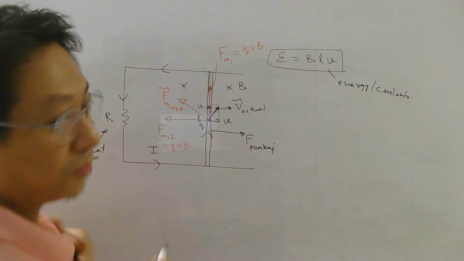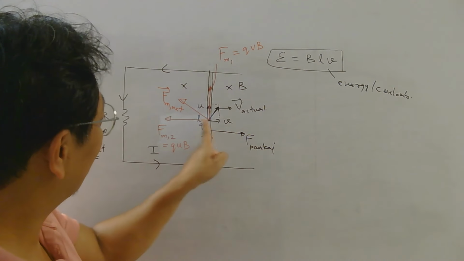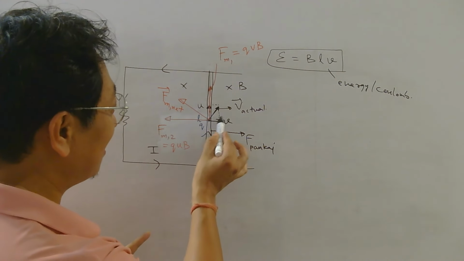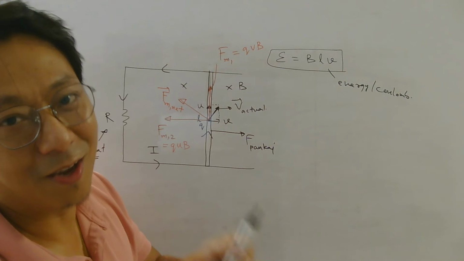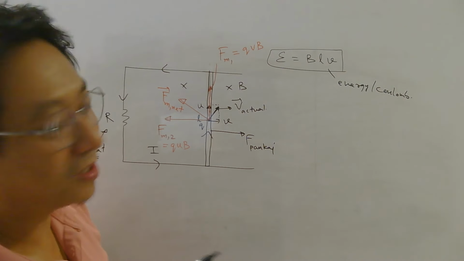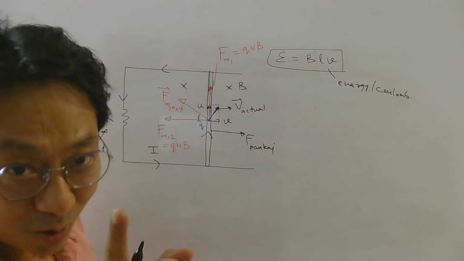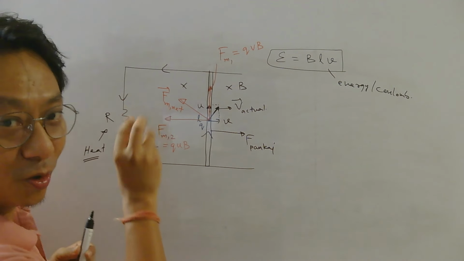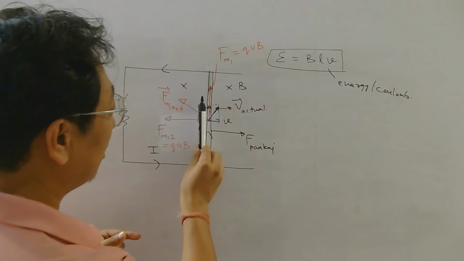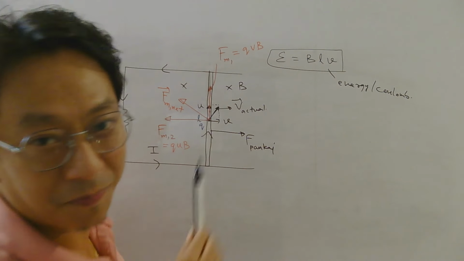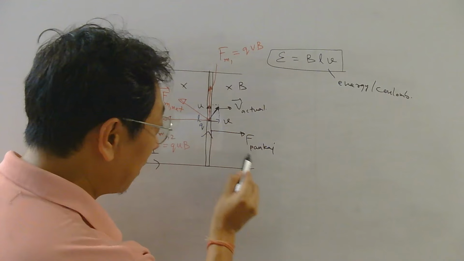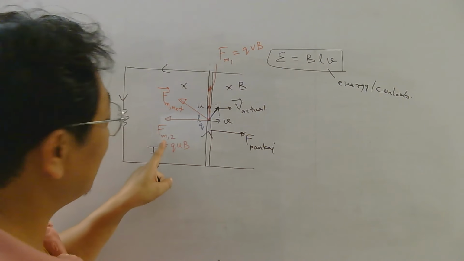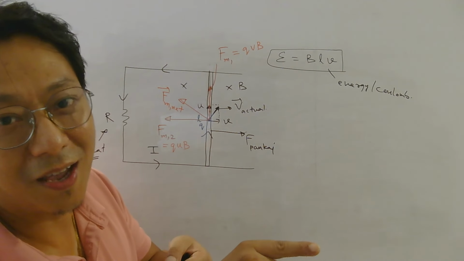Otherwise, without my force, this component of the magnetic force will decrease the velocity of the rod and the rod will ultimately stop. And once the rod stops, no motional EMF, no current. So if you want this bulb to glow continuously, it is important you move the rod uniformly. And if you want the rod to move uniformly, you must apply the same force as this force but in the opposite direction.